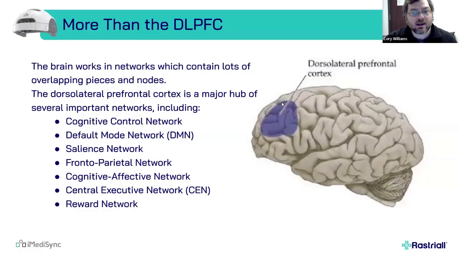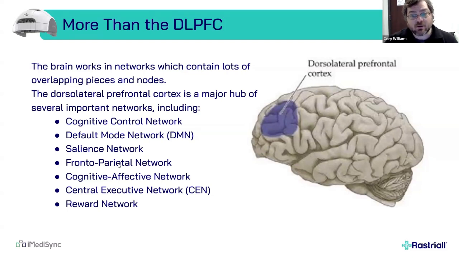Now, like I said, a lot of the time we target the left dorsolateral prefrontal cortex. That's the primary target in cases of depression. But what we know about the brain is that it works in large-scale networks. And these are some of the networks, this isn't even all of them, that include this area of the brain. So you can see there's cognitive control, the default mode network, what we use when we're thinking quietly to ourselves, the salience network, which helps us figure out what we should and shouldn't pay attention to.